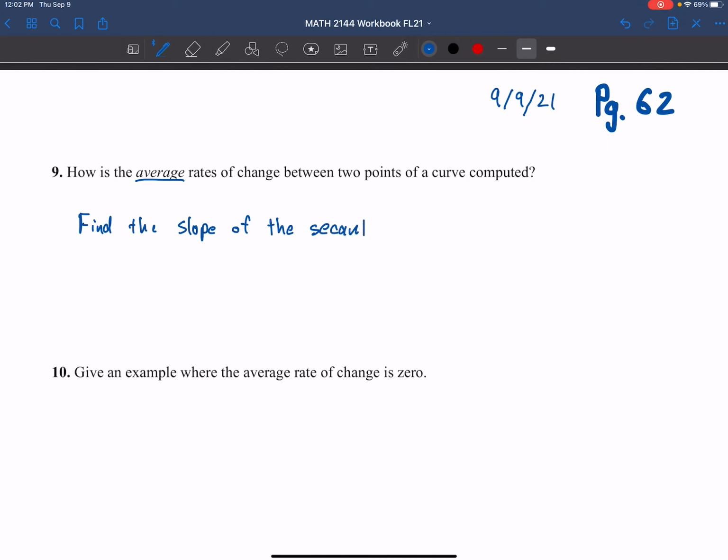If you're ever asked about the average rate of change, realize rate of change is just a slope you need to find associated with a certain line.